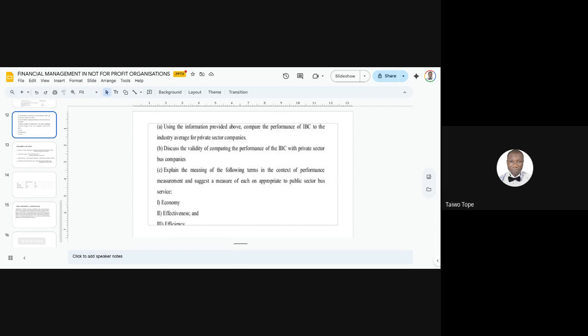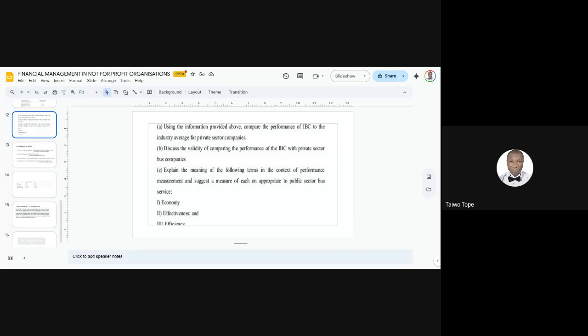So this approach considers the effect of production decisions in terms of the environment and social values, as well as economic values. So as you operate in an environment as an organization, you must consider the people, the planet, and the profit you want to make. All these must be looked into. So this environmental issue is a recent issue that is being incorporated into every level of our exams that we have to know.